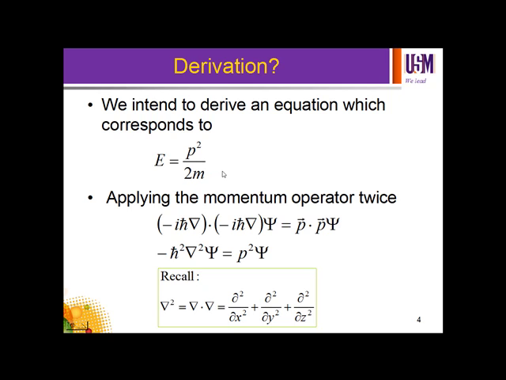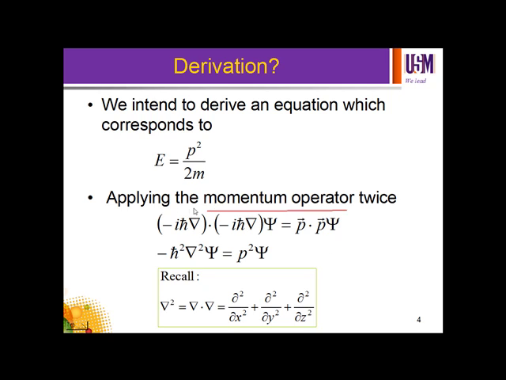So applying the momentum operator twice, in the previous segment we had discussed how we can derive the position operator, momentum operator and energy operator. The momentum operator is basically negative i h bar nabla psi equal to p psi.